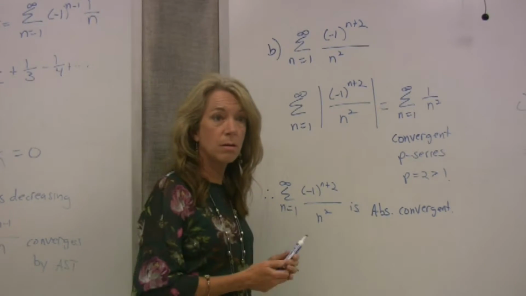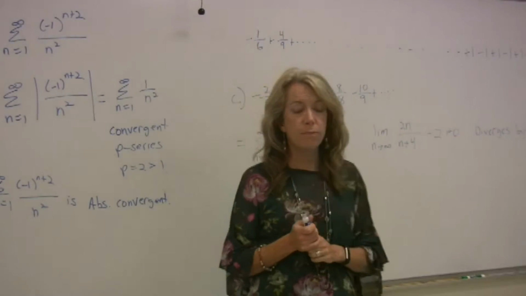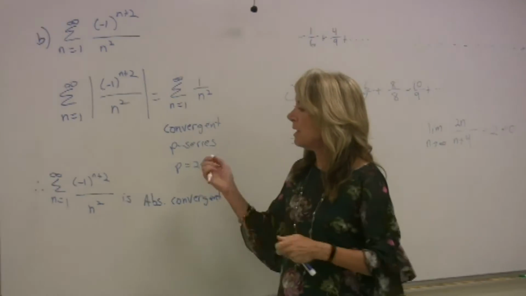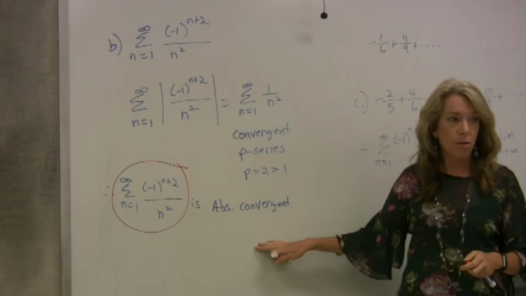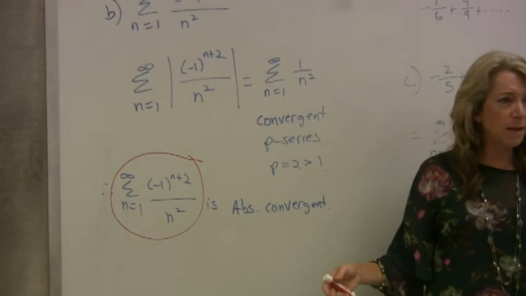Yes. So you said if the second series is absolutely convergent, the first series is convergent, or it's also absolutely convergent? So this series is absolutely convergent, which means this series is convergent. That's what I was saying.